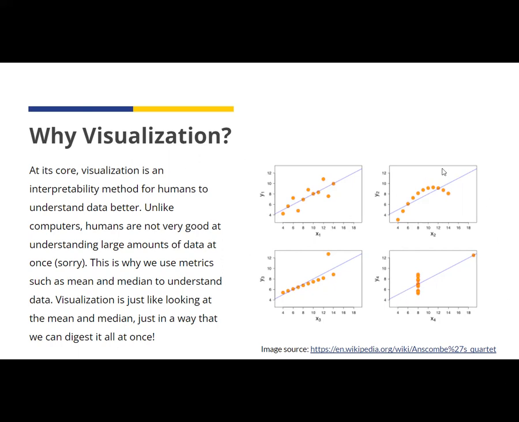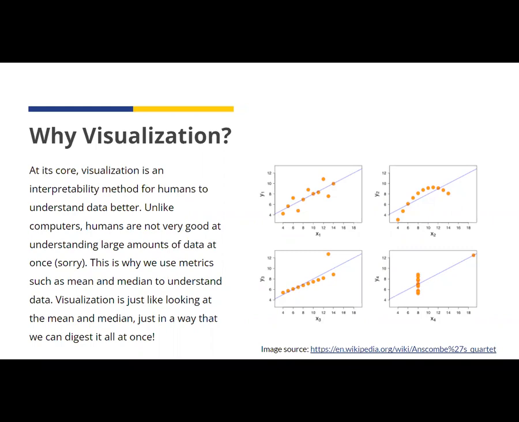What these four graphs represent right here is something called Anscombe's quartet. And basically what's going on here is that each of these four graphs represents a different data set, but the caveat is each of these data sets has the exact same mean and median.